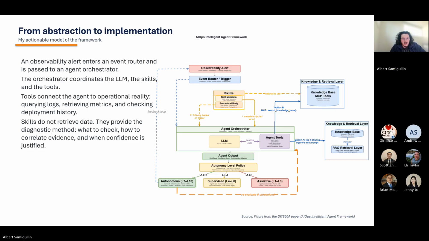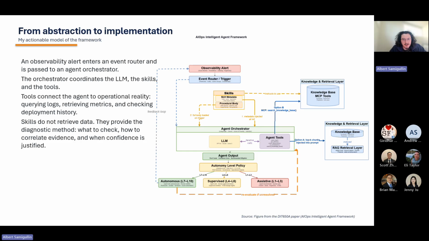This is basically the design of the model I implemented in Azure, which is actually just the beginning. In my model, an observability alert, as you see in red here at the very top, enters the event router and passes to an agent orchestrator. The orchestrator coordinates the LLM, skills, and tools.